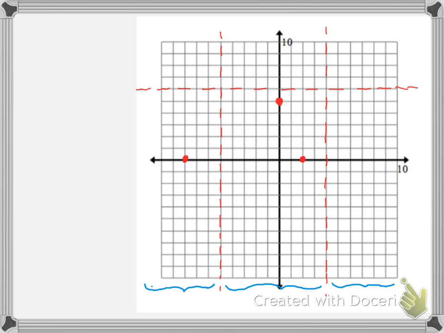So if we just look at the region on the left, a horizontal asymptote tells me that as I move to the left, my function is getting closer and closer to that line. So there's only 2 possibilities of what my function can look like on the left side. Either it's approaching that line from the top or it's approaching that line from the bottom. So my left arrow has to be one of those 2.